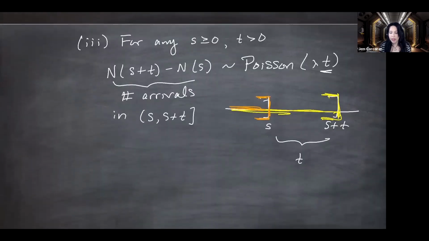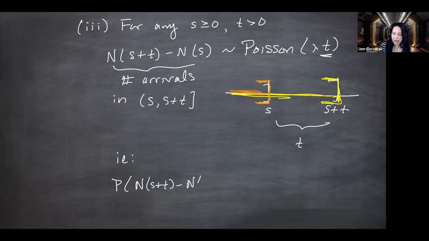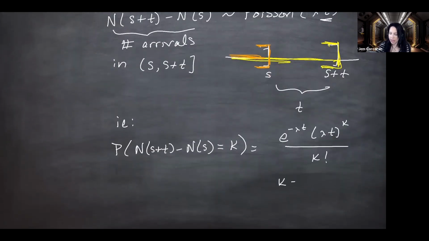More specifically, and you can write this after your definition or include it as part of triple I, i.e., the probability that N(s+t) minus N(s) equals some k is e to the minus lambda t, lambda t to the k over k factorial, where k equals 0, 1, 2, on up.